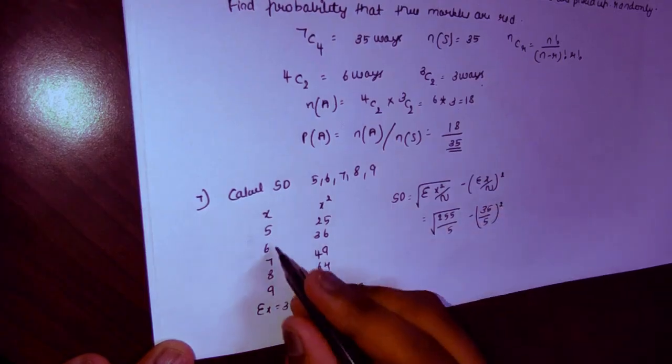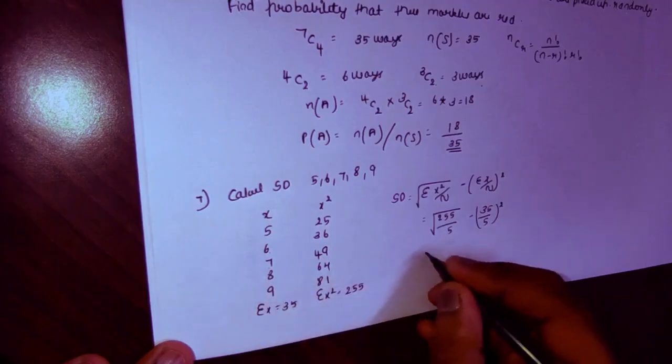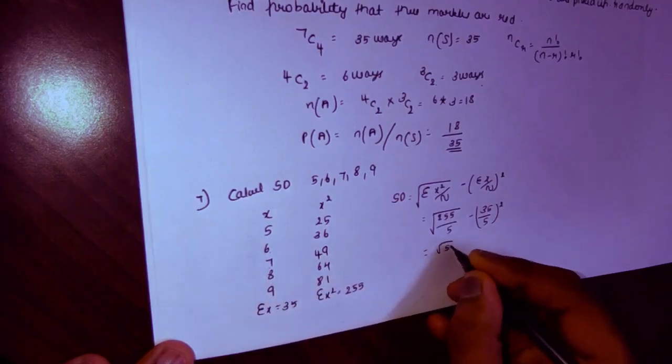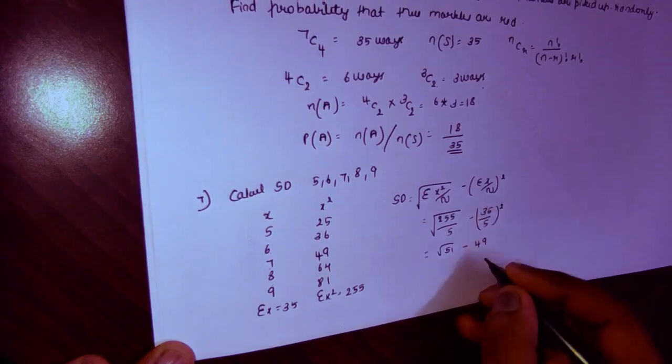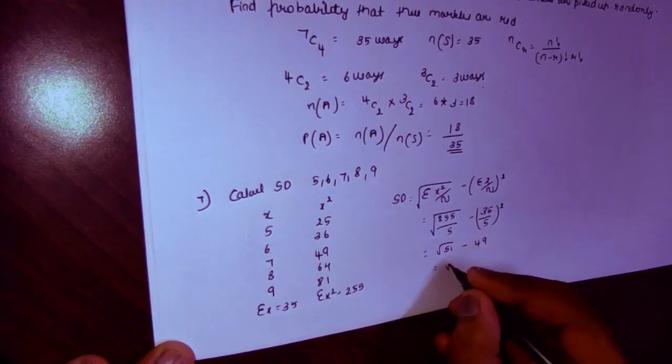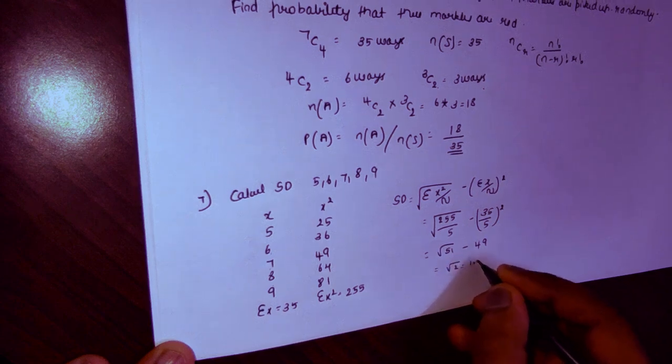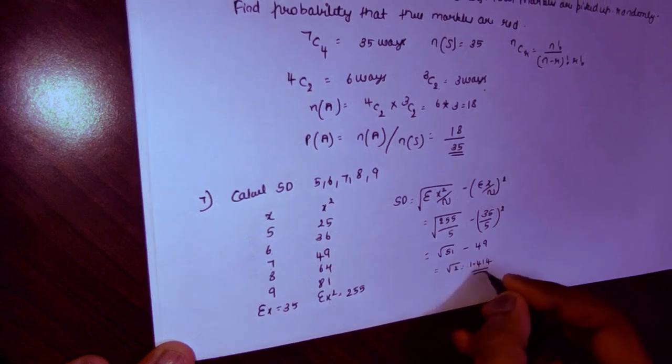The n value is 5. How many scores are given? You have to count that: 1, 2, 3, 4 and 5. It becomes root of 51 minus 7 square, that is 49. It is root 2. The approximate value is 1.414.